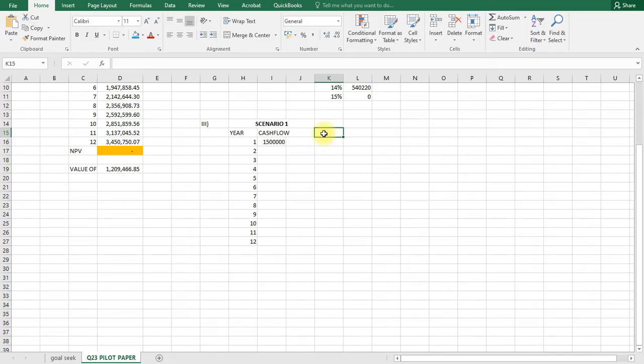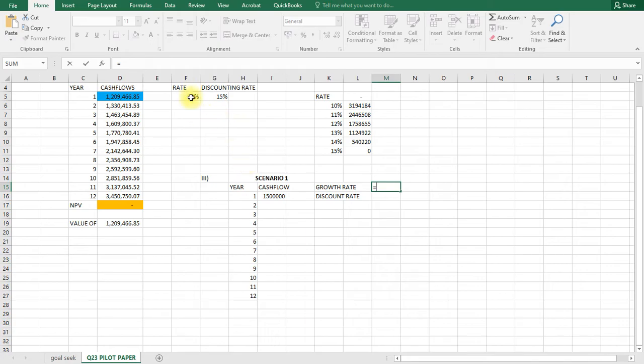Our growth rate was what we had here, 10, and our discount rate is what we had here, 15. And our IO, initial cost, is 10 million.